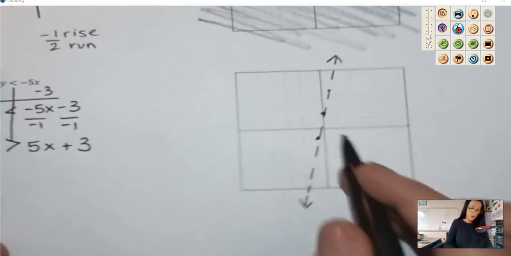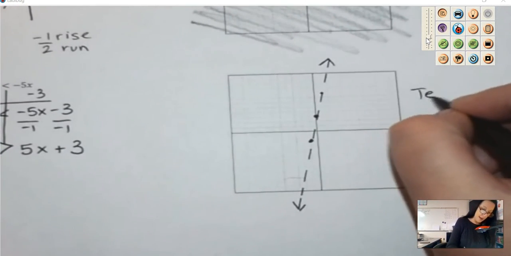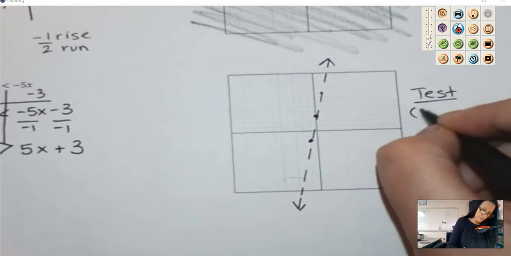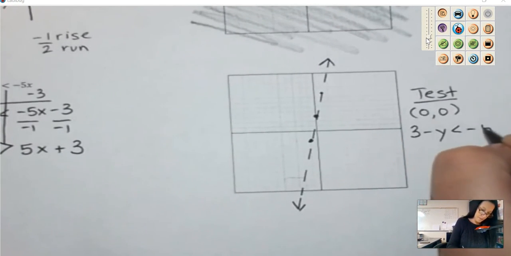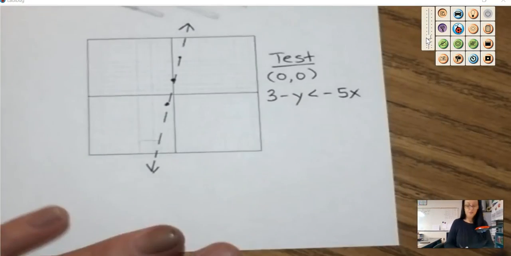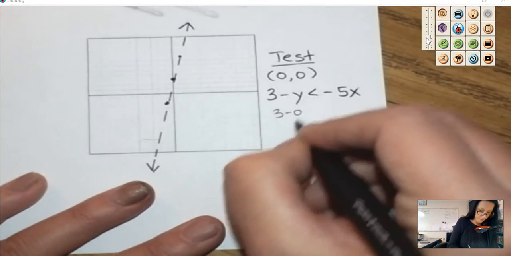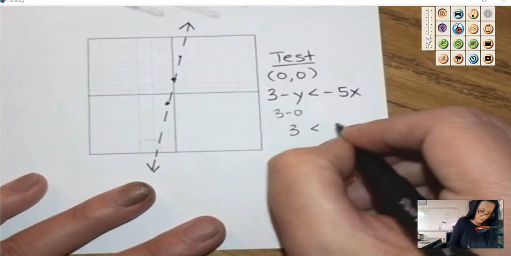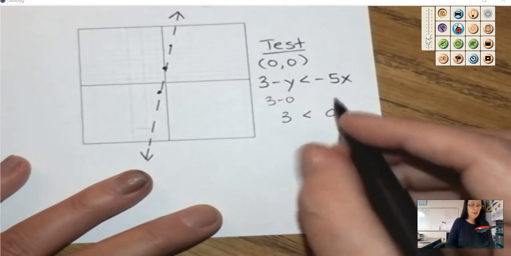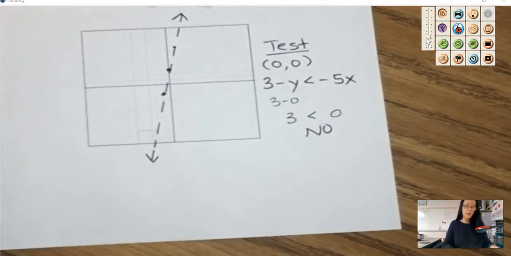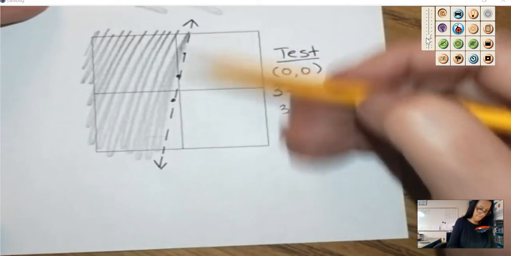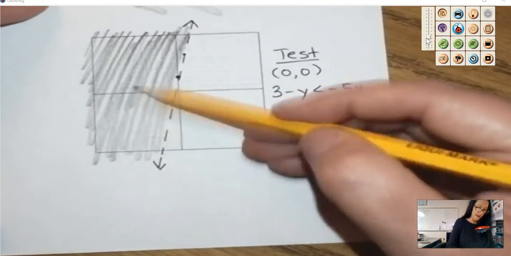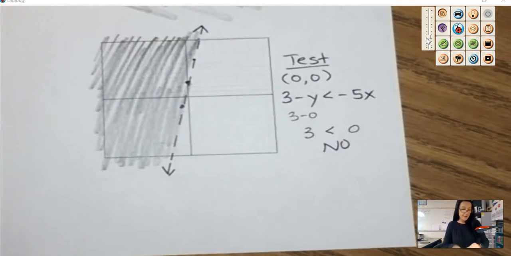I'm going to use the test point of 0, 0, because it's not on the line. Three is not less than 0, so shade the other side of the line. Your solutions are any point that's on this side, not on the line though, because it's a dotted line.